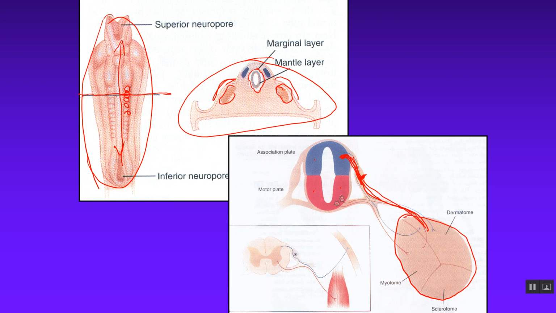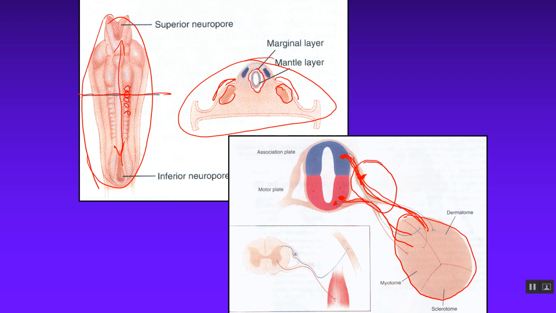And in the motor plate, you have the anterior horn cells that grow their axons out and go to the myotome to supply the muscles associated with that specific spinal nerve.